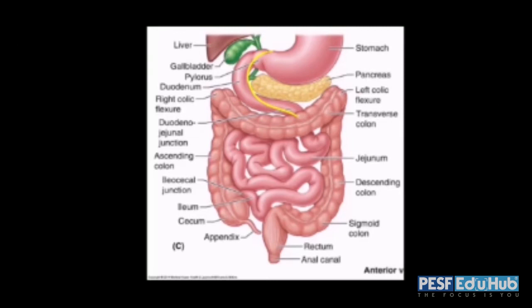To the duodenum, the duct from the liver, called the bile duct, and the duct from the pancreas, called the pancreatic duct, both open. Liver secretes bile and pancreas secretes pancreatic juice into the duodenum. They have their own role in digestion that I will discuss in the next session.